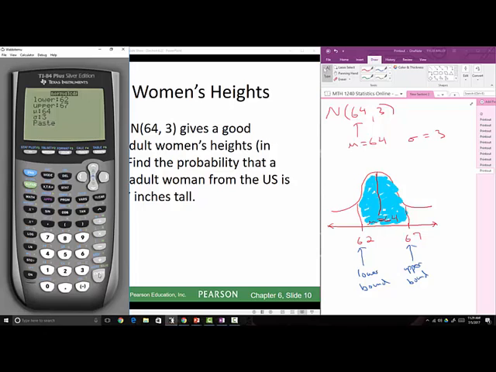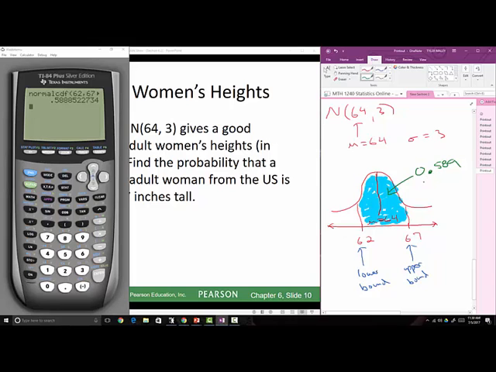We can go down here to paste, and what this does is it already puts it in the format that we need to put it in the calculator. And if I hit enter, it'll give me back that area. So this area underneath here is 0.589, if we round to the nearest thousandth.